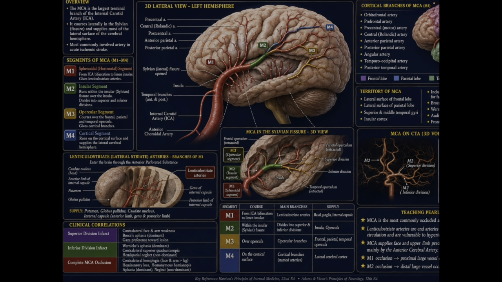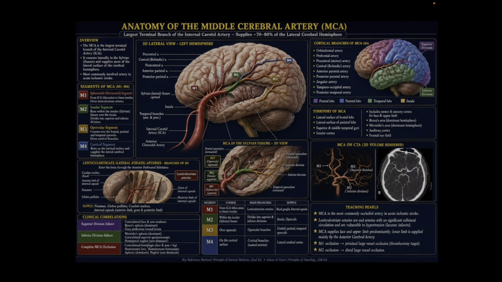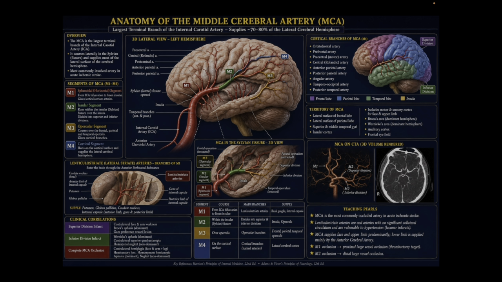Patients develop dense contralateral hemiplegia, hemisensory loss, homonymous hemianopia and cortical deficits such as aphasia or neglect depending on the hemisphere involved. So these patients are potential candidates for mechanical thrombectomy if they present within the appropriate therapeutic window.